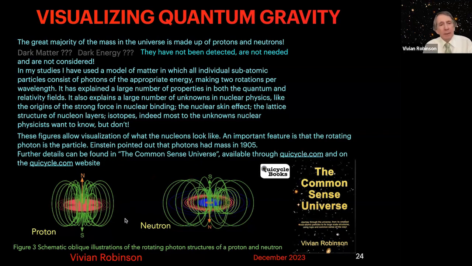But just as the briefest introduction, the green curves represent the magnetic lines of force. The electric charge is generated in the axis of rotation of the photons. In the case of protons, it is entirely positive. In the case of neutrons, it has a positive central core followed by a reasonably strong negative inner part, a weak positive outer core, and a very weak negative field.